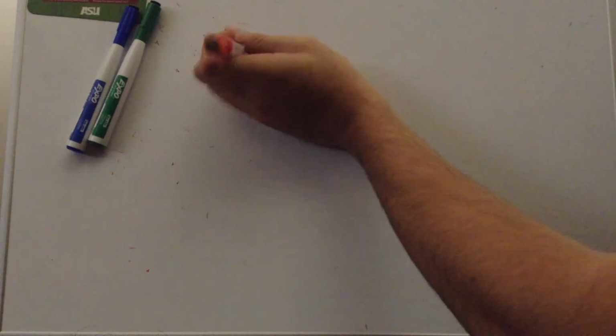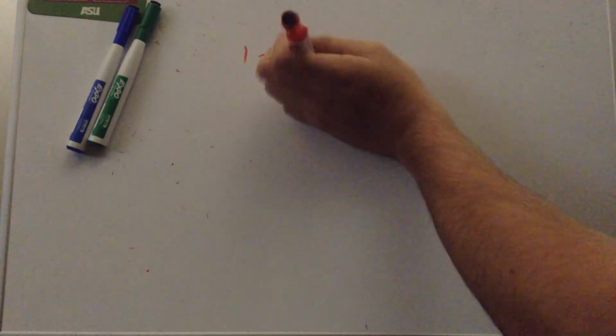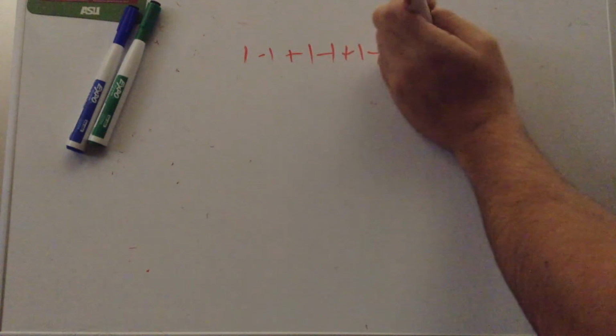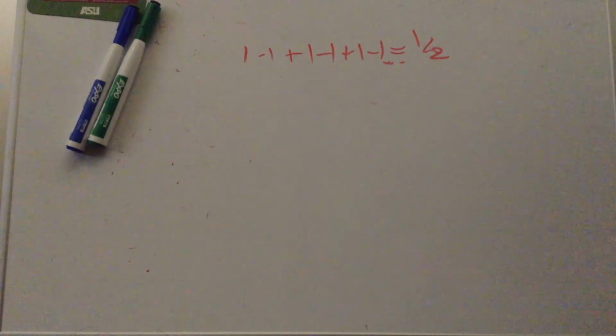It's sort of the idea of that one thing you might have seen if you've been on the middle school forum, where it's 1 minus 1 plus 1 minus 1 plus 1 minus 1 equals 1/2. So, some people get really mad at this. They just take one look and say that doesn't make any sense.